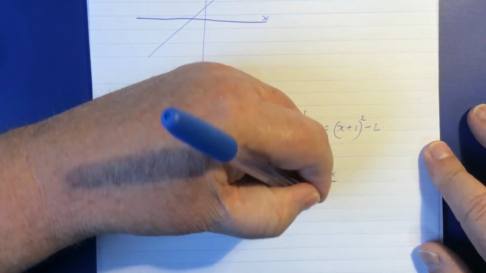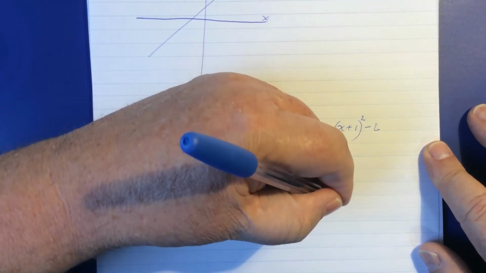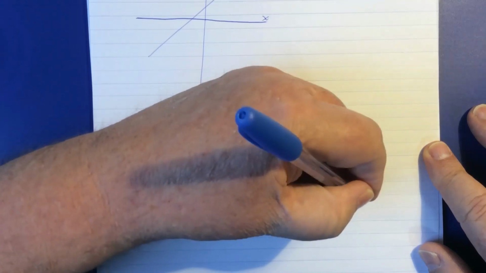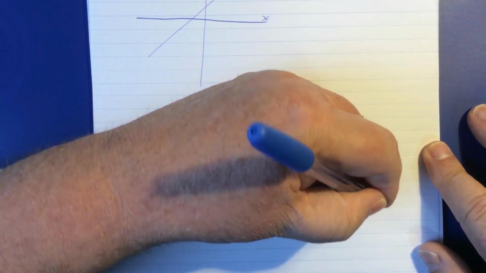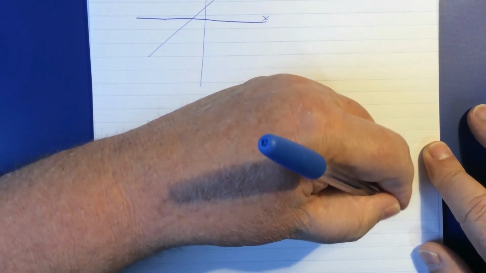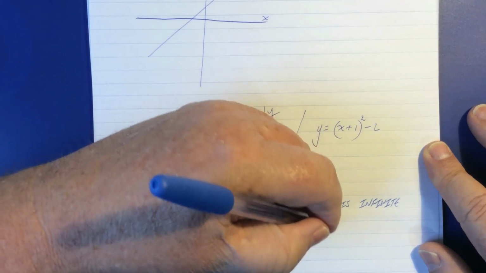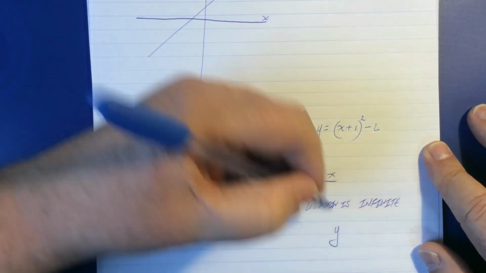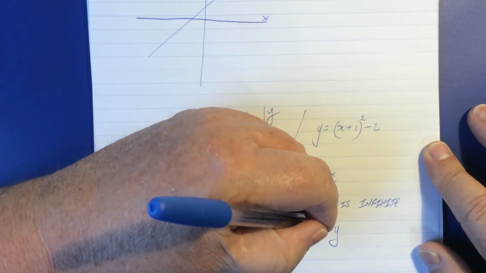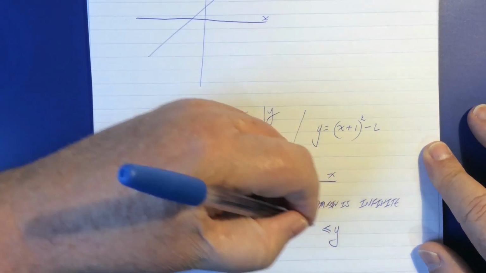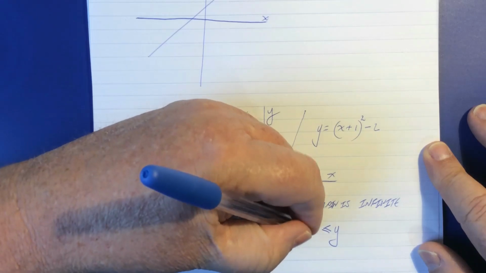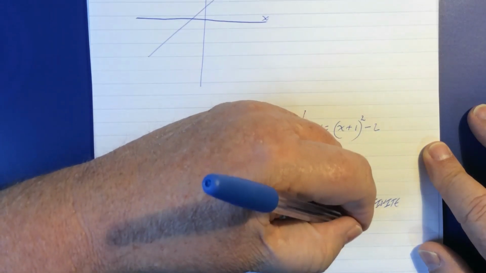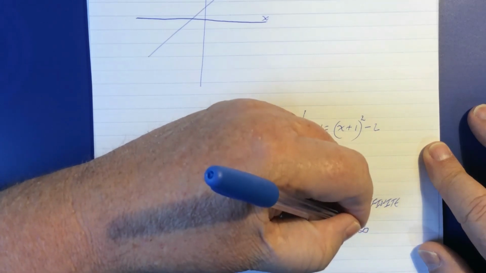So you could just say casually again that the domain is infinite, but that the range, or the y values, if you want to state it in terms of y, y is greater than or equal to -2 and less than positive infinity.